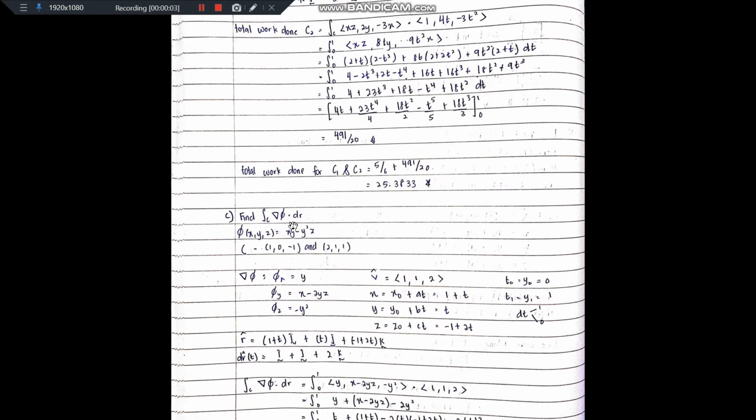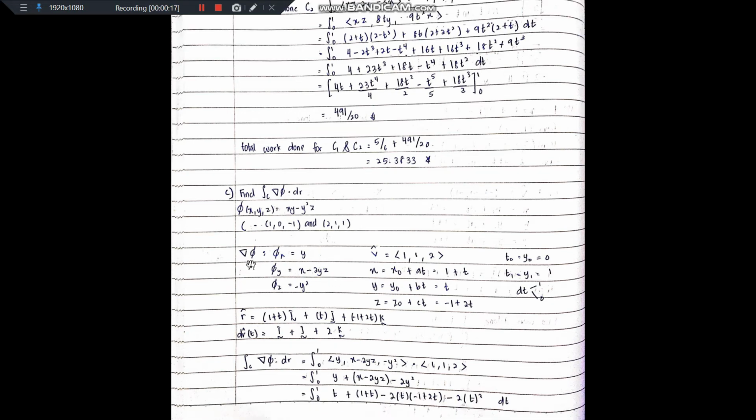Next, for question 4c. The question asks us to find this, where phi equals xy minus y squared z, and the path joins the points (1, 0, -1) and (2, 1, 1). So we have to find nabla phi, which means differentiating phi with respect to x, y, z.